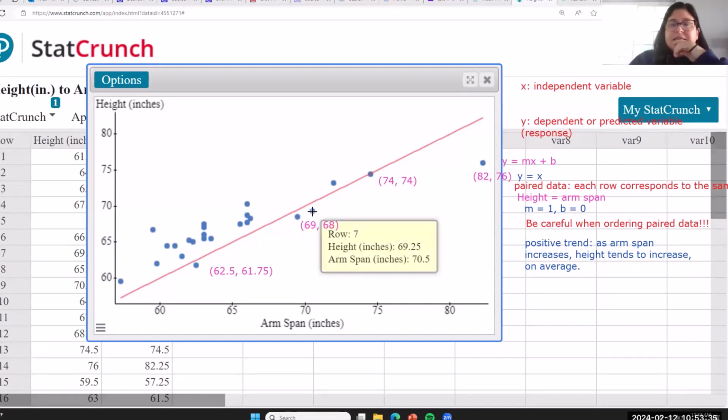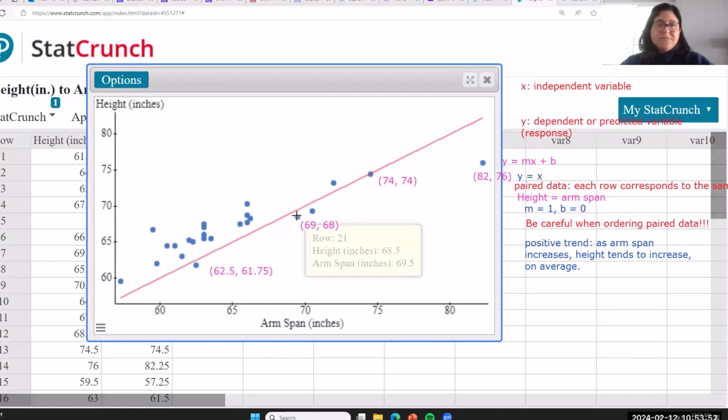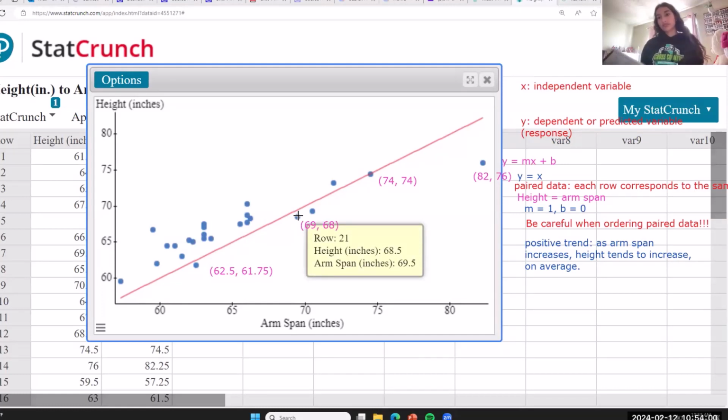This one, 69.25 is the height, 70.5 is the arm span. What do all these points have in common? On all these points, which is bigger, the height or the arm span? The height. The height is bigger.